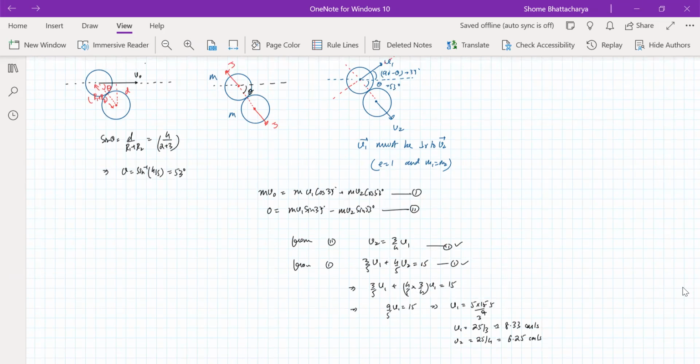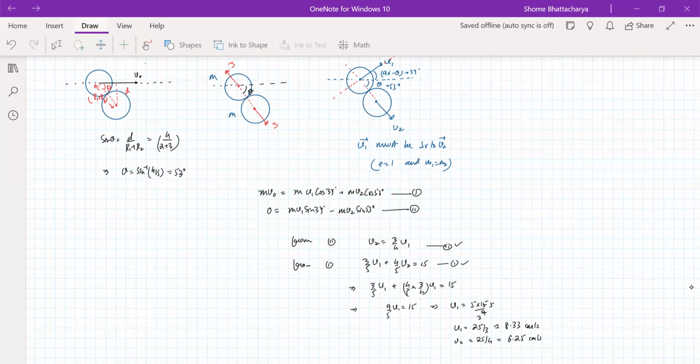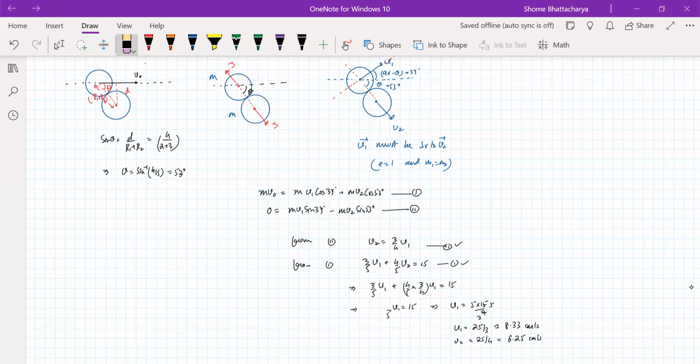Which equation? Sir, it will be 3 by 5 V1 plus 3 by 5 V2. Sorry, my mistake. So this will be 6 by 5. So this will become 25 by 2, is it? So the final value of V1 you are getting is 12.5.